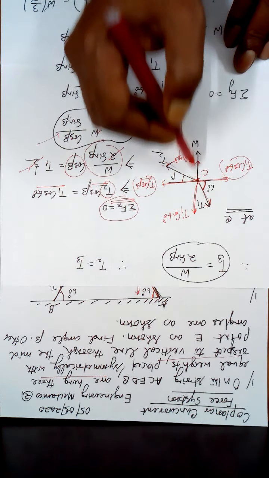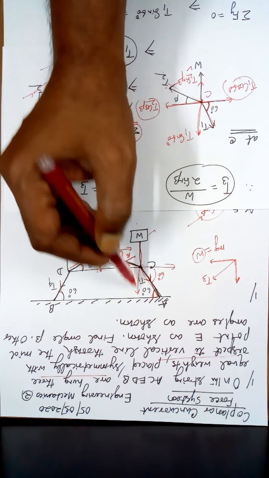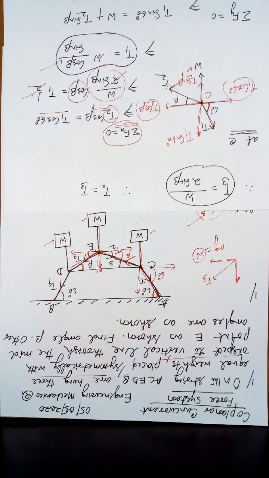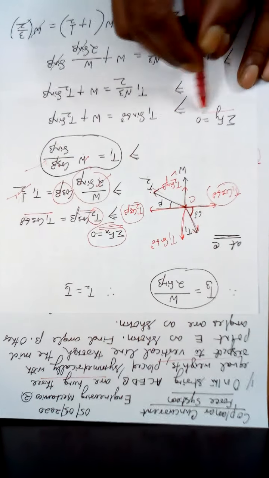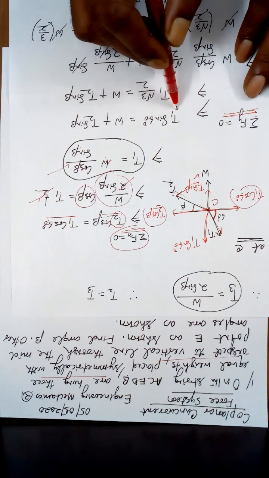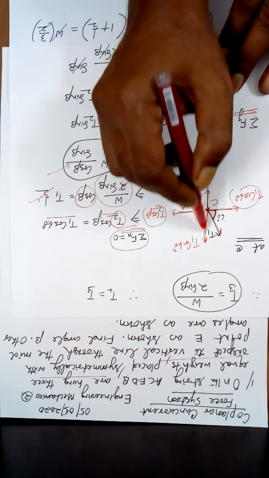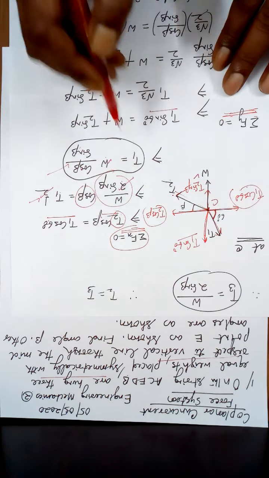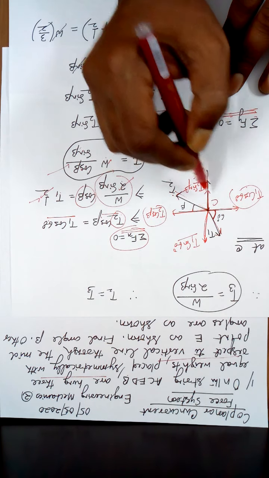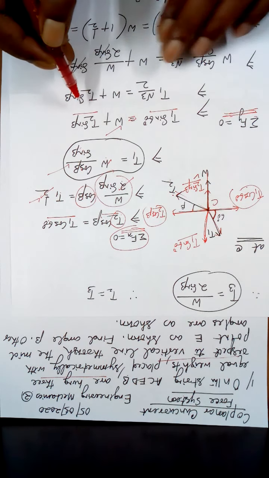Then in the vertical direction, along y direction, this point is neither going up nor coming down. So the downward force and the upward force must cancel each other. So sigma Fy, the sum of the forces along y axis, that is T1 sin 60 should be equal to W plus T2 sin beta.